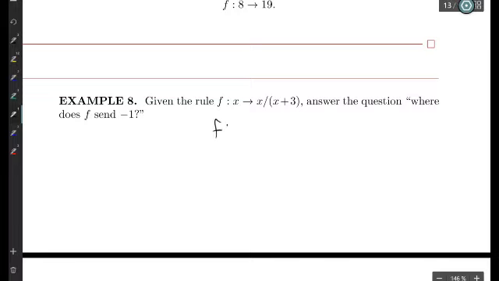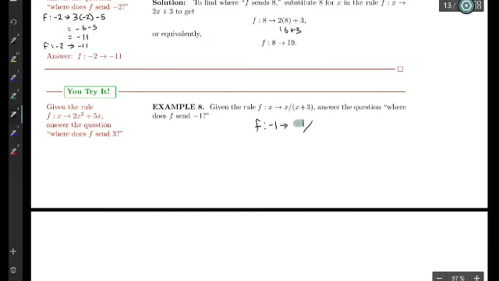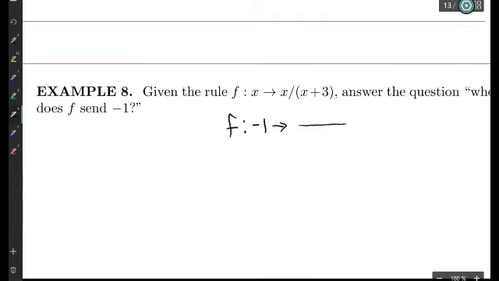So f will take negative 1 and divide it by negative 1 plus 3, using a horizontal division symbol.